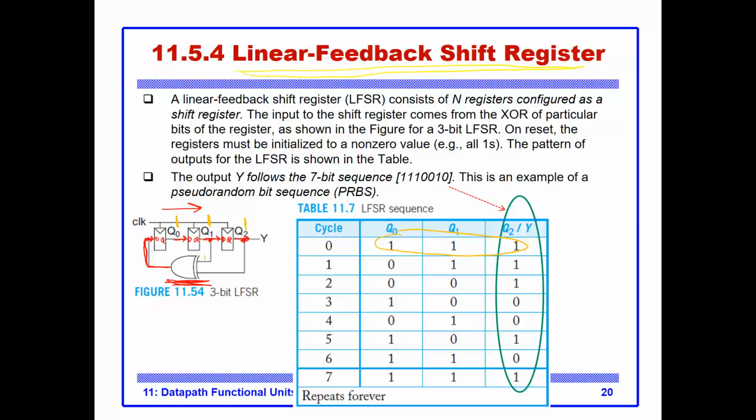Notice that these two 1s are the inputs of this exclusive OR, which means that there's a 0 here. So the 0 sits at the input of this flip-flop. Once the first clock comes, after the clock, this will change to a 0 because I'm going to shift the 1 here, and this will shift to a 1, stays as is, and this will shift to a 1.